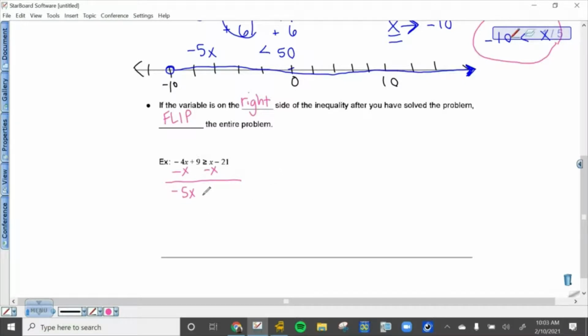Okay, and then I pull down the plus 9. And that is greater than or equal to this x minus x that canceled out. So that's greater than or equal to negative 21. Okay, what do I need to do next to solve for x?